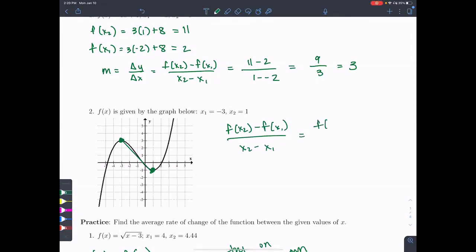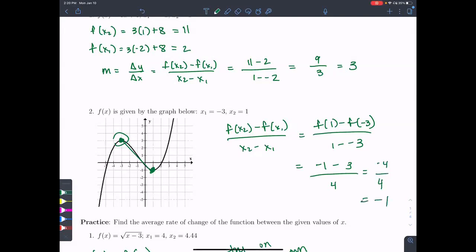So that is f of 1 minus f of -3 over 1 minus -3. Up top, f of 1 is -1 and f of -3 is 3, so we have -4. And 1 minus -3 is 4. So we have -4 over 4, which is -1. And that is the average rate of change between -3 and 1.